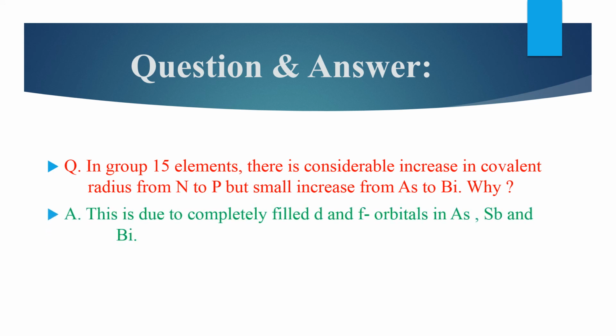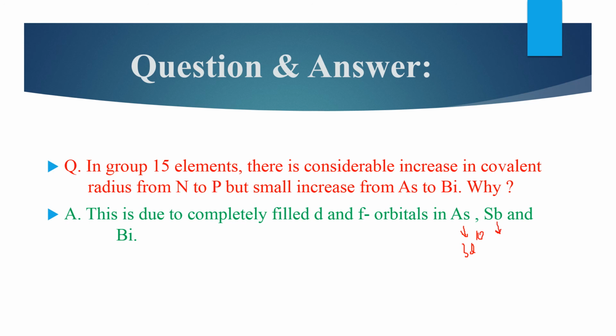The answer is, this is due to the completely filled d and f orbitals in arsenic, antimony and bismuth. In arsenic the completely filled d orbital is there, that is 3d10, and in antimony the completely filled d orbital is also there, 4d10.